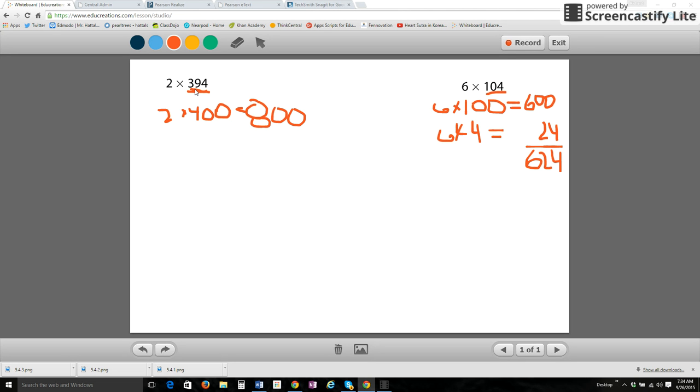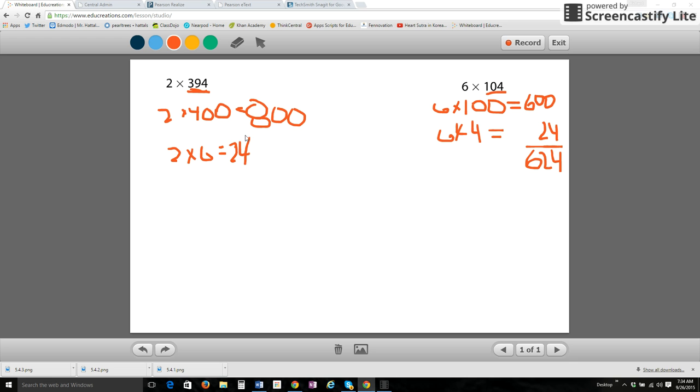So as we said before, 394 is 6 less than 400, right? So we're going to have to multiply 2 times 6, and that equals 24.